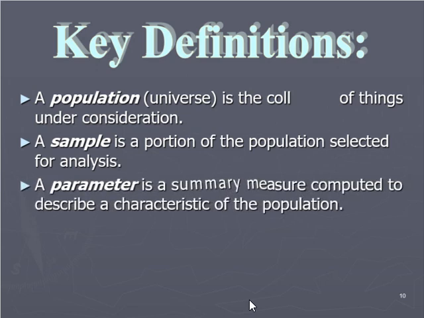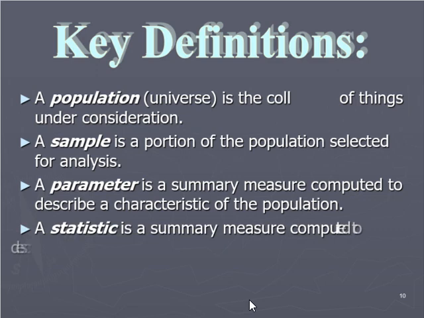sample. A parameter is a summary measure computed to describe a characteristic of a population. Sometimes we use the term parameter, sometimes we use the term variable. Or in short, ano ba yung gusto mong sukatin or malaman sa population? Balikan natin yan soon.